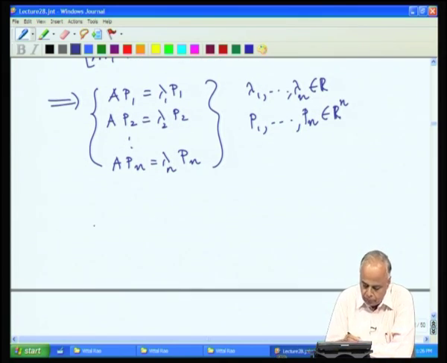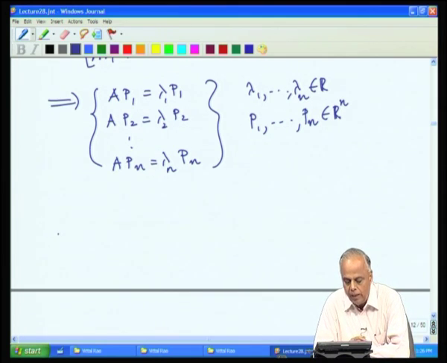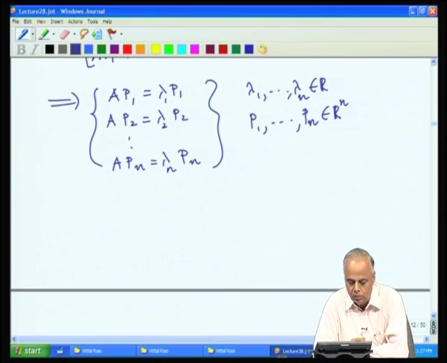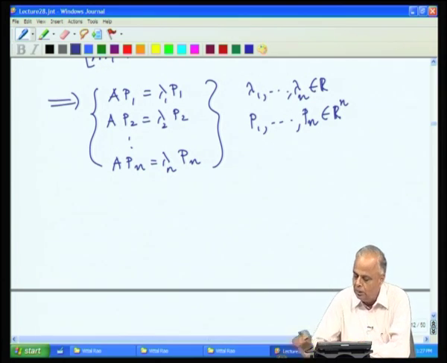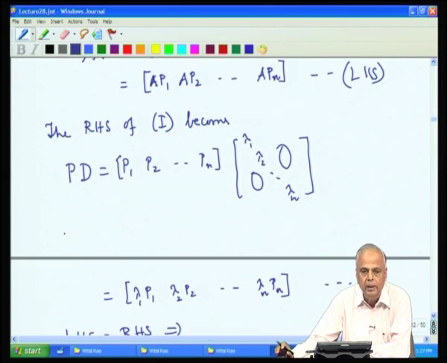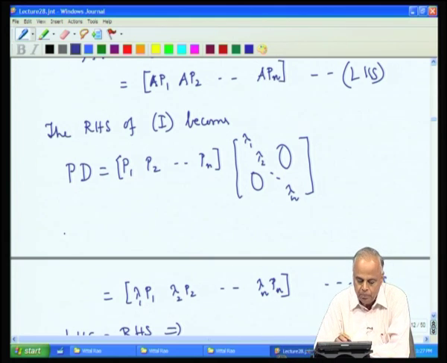Now, therefore, we have found n scalars lambda 1, lambda 2, lambda n and n vectors P 1, P 2, P n such that A P 1 is lambda 1 P 1 and so on and so forth. Not only that, these vectors P 1, P 2, P n must be linearly independent because they form the columns of an invertible matrix.